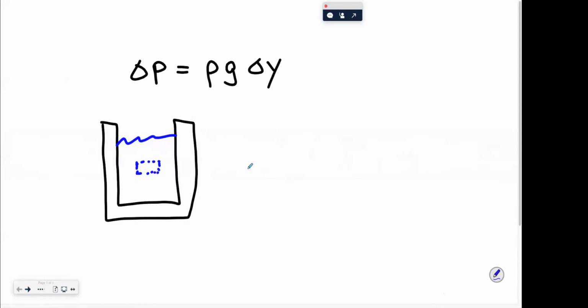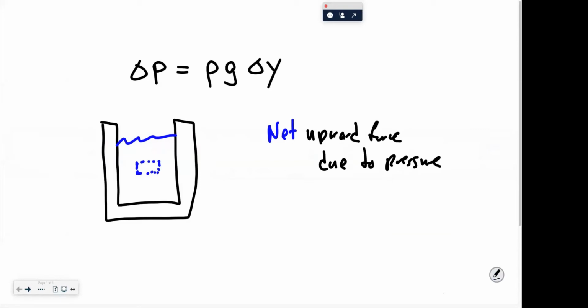So the net upward force, let me change back to black, I'll say due to pressure. And it's not really due to pressure, right?